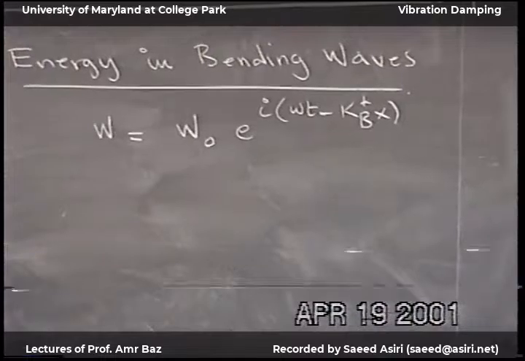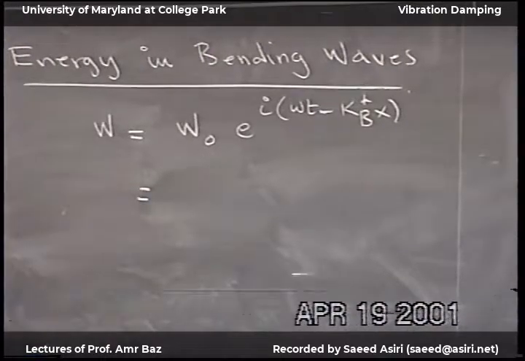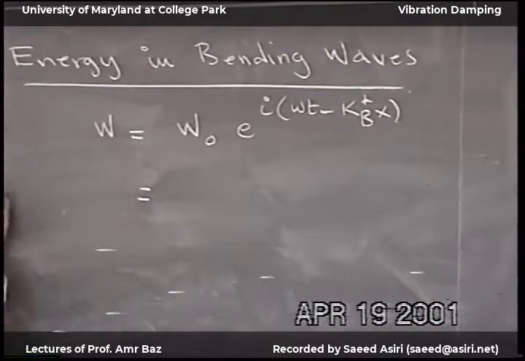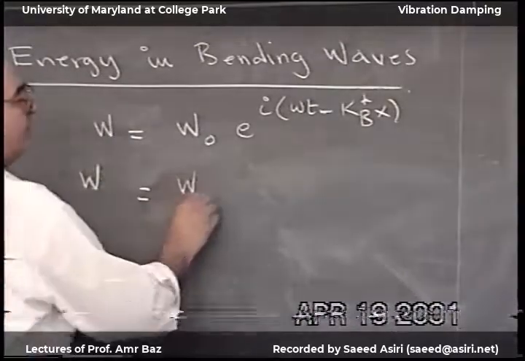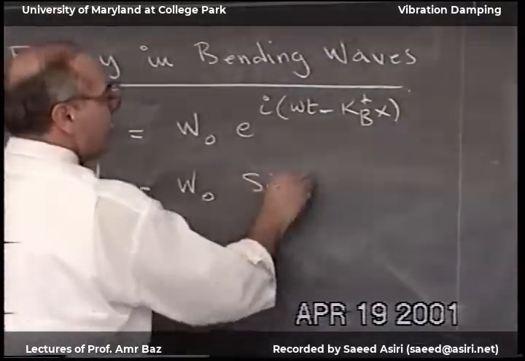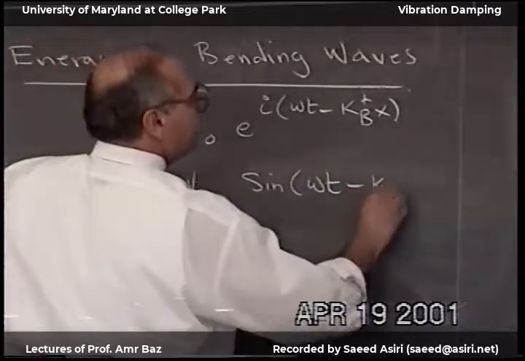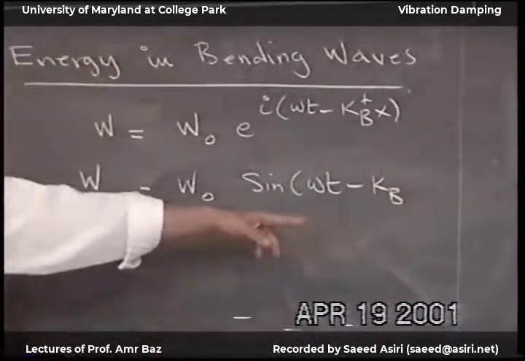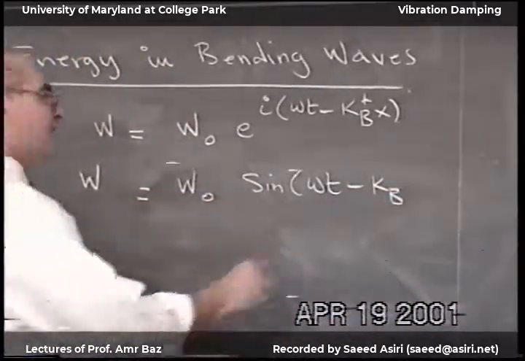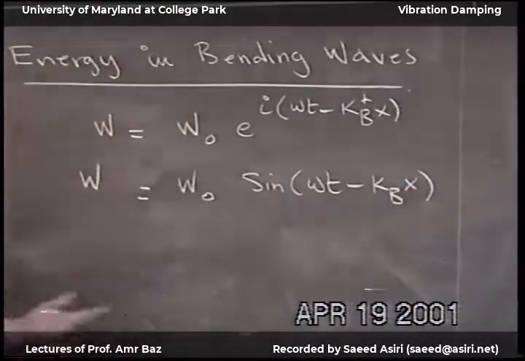I can take the real part of this and I write this W0 sine omega t minus KB x, but this is a complex number, okay?